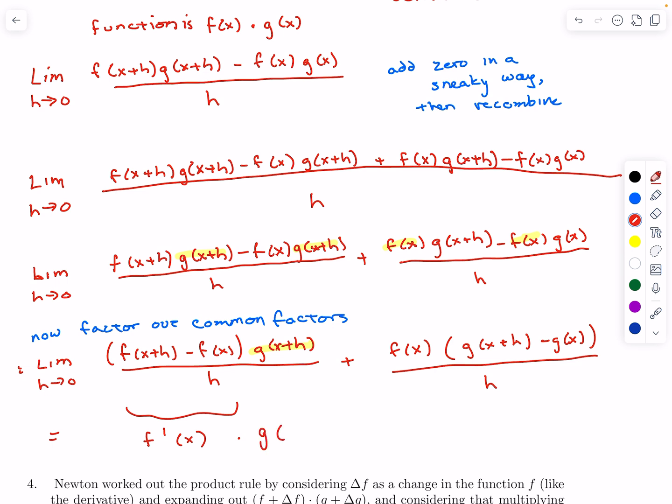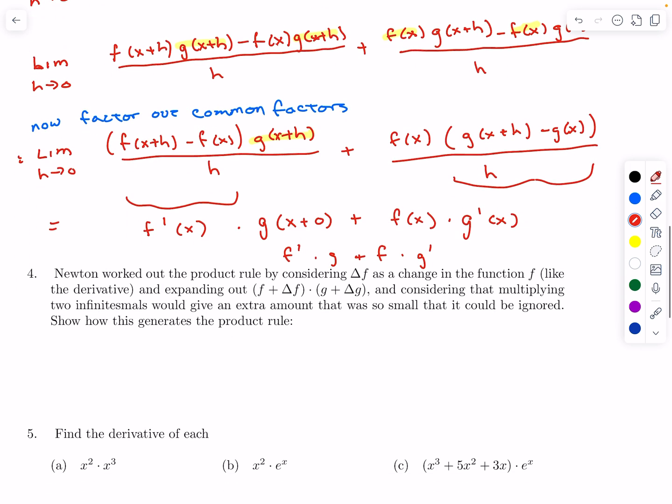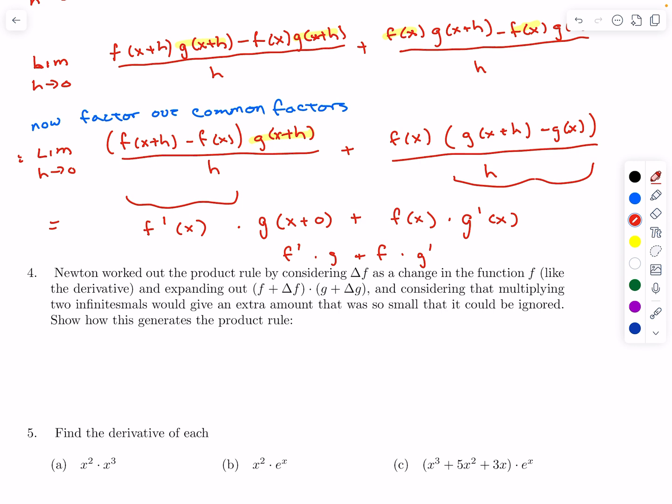And g of x plus 0 is g of x. In the second one, the second chunk is the derivative of g. So we have f prime times g plus the original f times g prime. Yay. Okay.